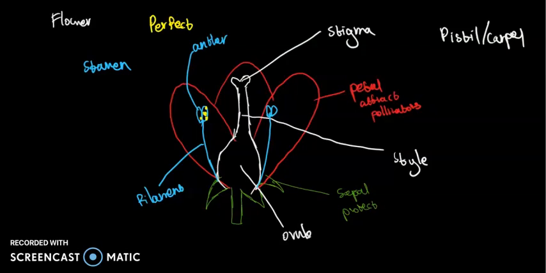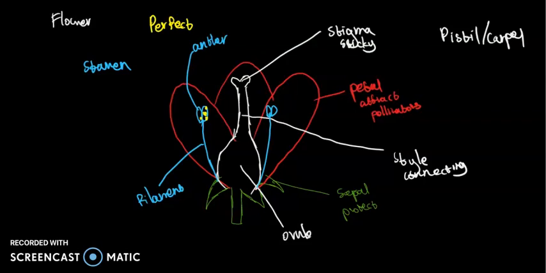So anyways, the stigma acts as a sticky top to which pollen can attach. The style is a tube connecting the stigma and the ovule so that the pollen can actually travel down to the ovule itself.